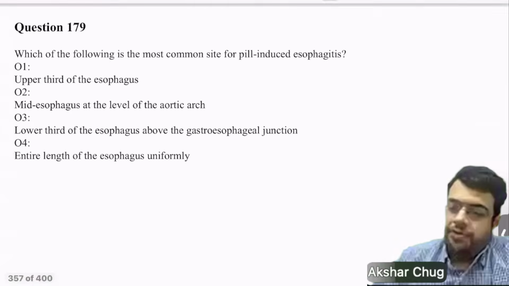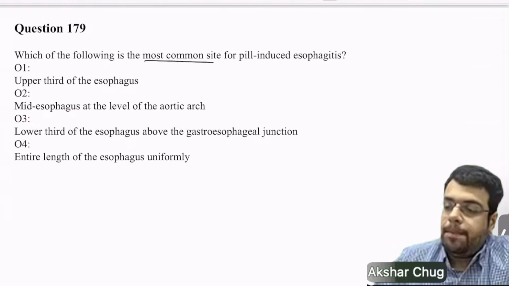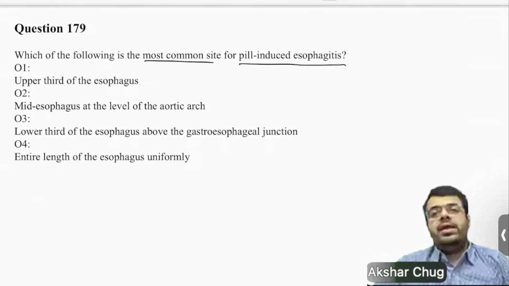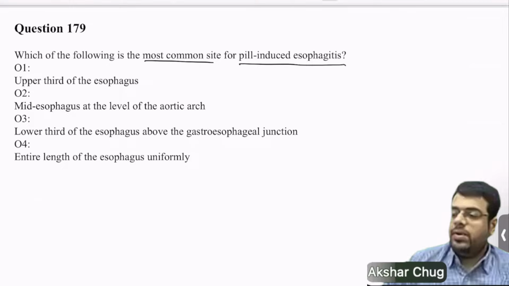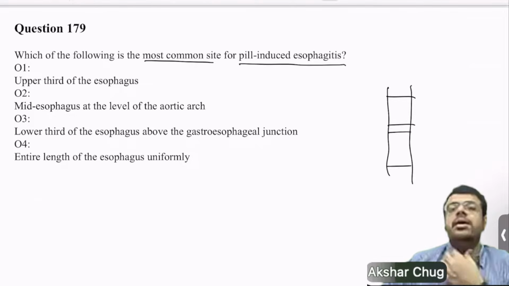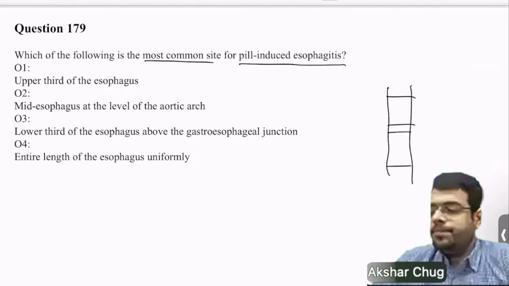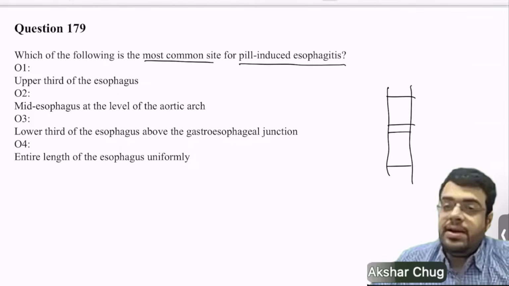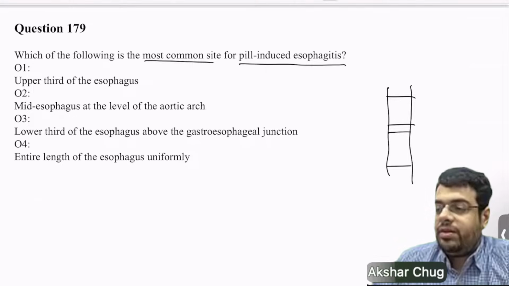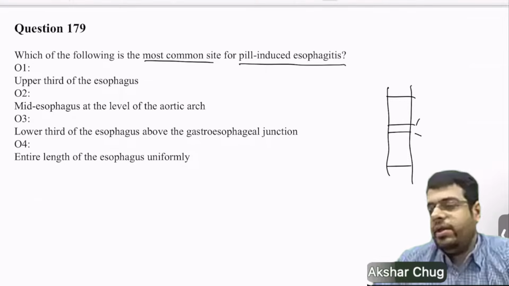Which of the following is the most common site for pill-induced esophagitis? Now, this is a very interesting concept. In the esophagus, we have constriction at mainly 3 points. The first one is at the pharyngoesophageal junction. The second, anatomists will see as two separate, but surgeons will usually see a single constriction.